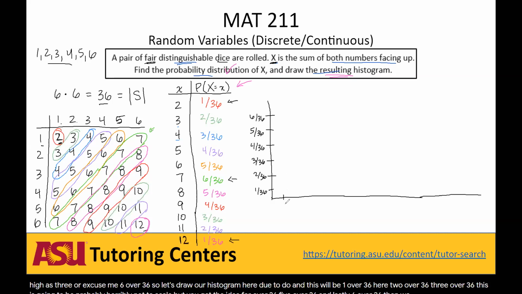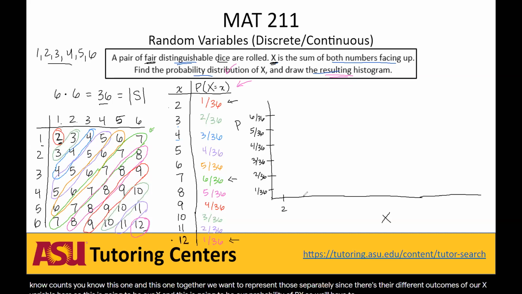Then we have 1. So we don't want to combine these like probabilities because they're not the same. So actually we don't have 1. We start at 2. So we can't count this one and this one together. We want to represent those separately since they're different outcomes of our x variable here. So this is going to be our x, and this is going to be our probability of our x.